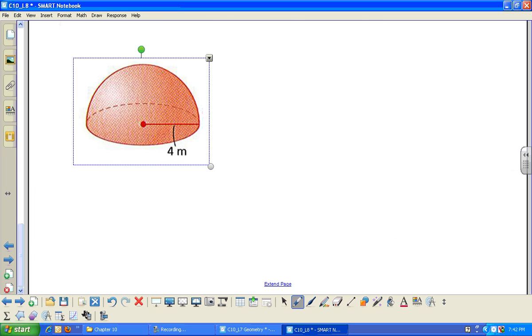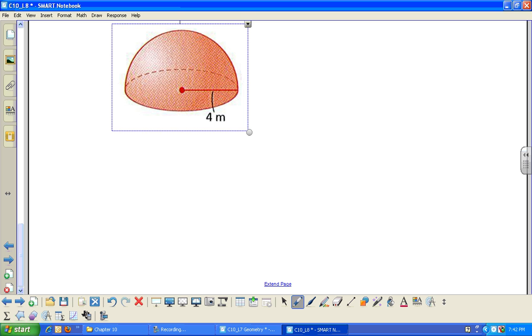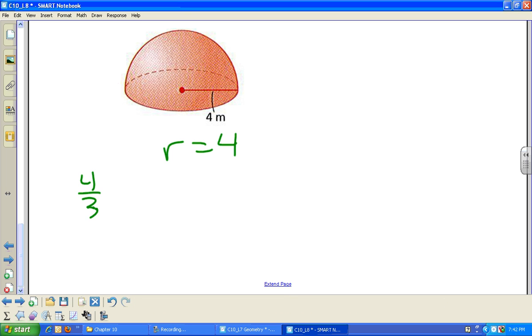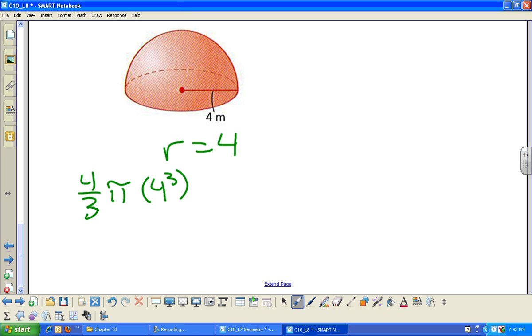If I'm finding the volume of this half sphere, my radius is equal to 4. So if this was a full sphere, it would be 4/3 pi times 4 cubed, which would be equal to 256 pi divided by 3.